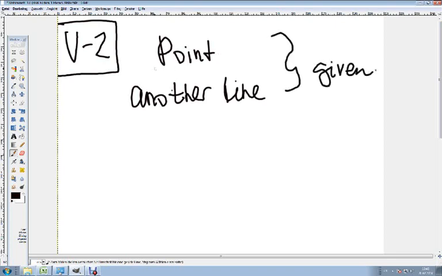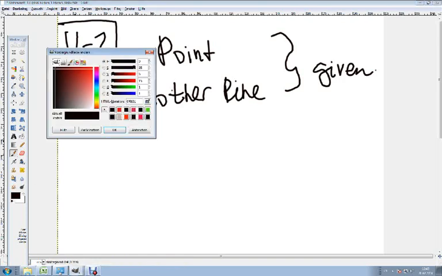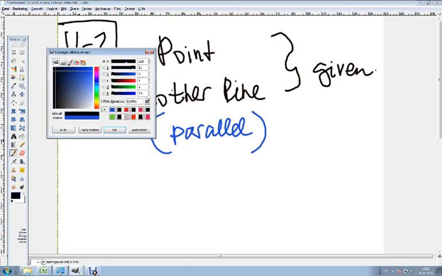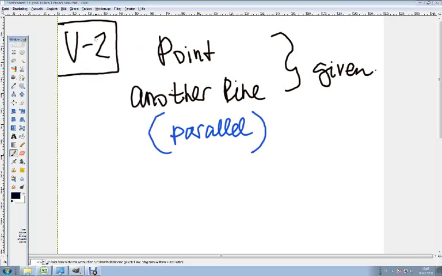The line passes through this point A, and another line, and in this case, my line is parallel to my previous line. That's the problem. We will take another example, video number 3, with orthogonal or perpendicular, and here is parallel.